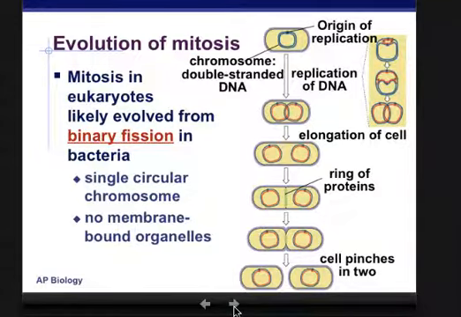Okay, so the evolution of mitosis in eukaryotes evolved from the binary fission of bacteria. So if you look in your book at the section on the evolution of mitosis, which is somewhere, where is it, page, oh, I can't find it quickly.